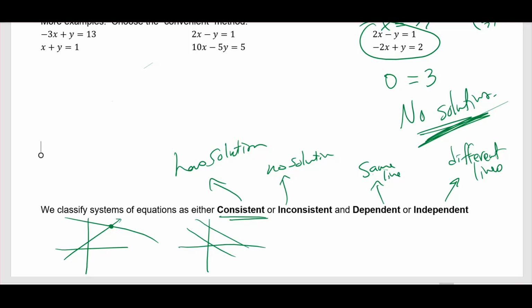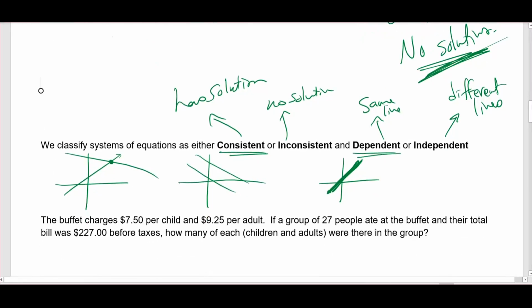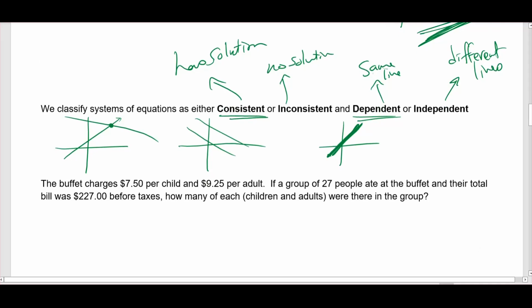They're not going to intersect. If they're dependent, this means that they're the same line. So we've got one line here maybe and another line just right on top of it. And then independent means that they're different lines. So we can use these words to classify our systems, if we have solutions or not, and if they're the same line or not.